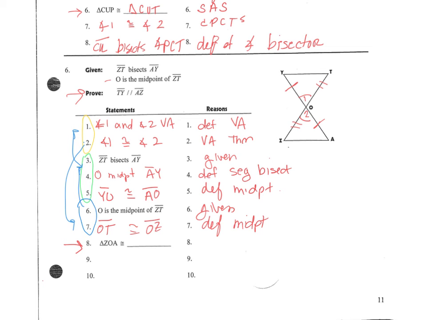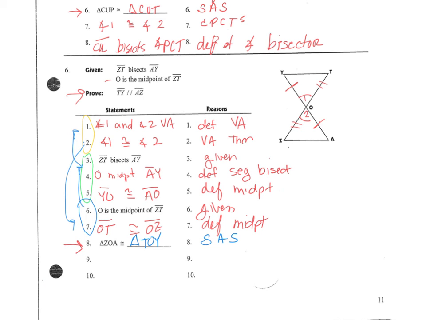The way the problem was set up, with some of the statements in there, led you to go in that order. But if it was just a blank and you had to come up with the statements and reasons, I just wanted to talk about how those can be interchanged. But we're now at the point that we can say that triangle ZOA is congruent to triangle TOY, and that would be by our side angle side.